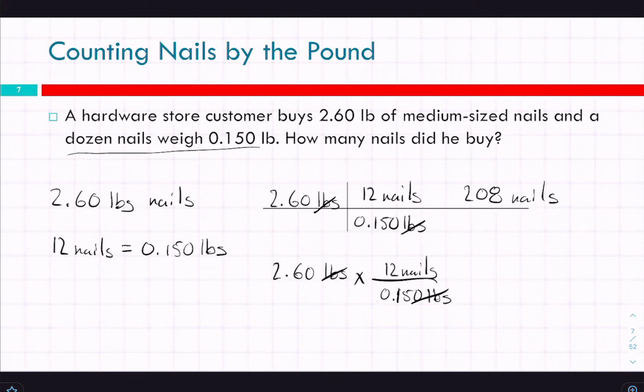Even with all the time that we took here, it's probably faster to do that than it would be to calculate out individually 208 nails. You can see here too that if we had smaller nails, then 12 nails would weigh less, and we would have more nails in that 1 pound. Right? Or for the same 0.15 pounds, you could get more nails in there.